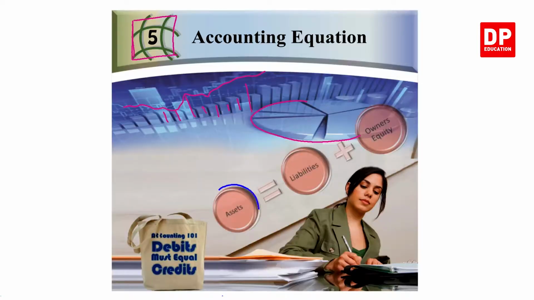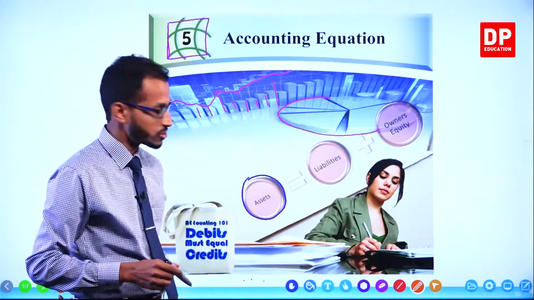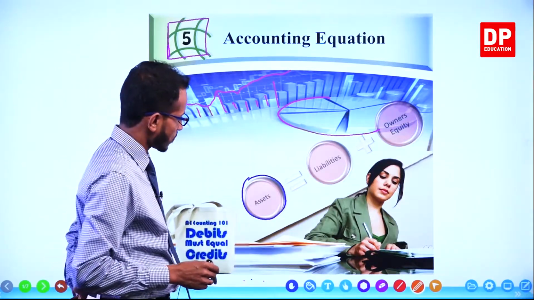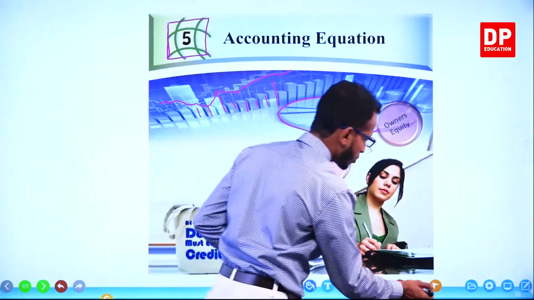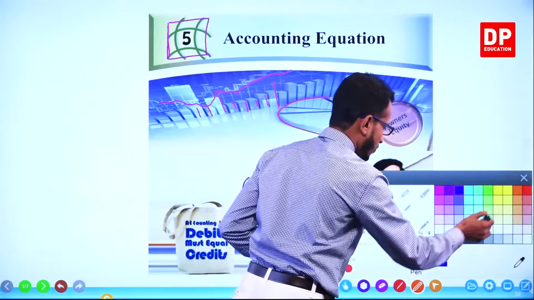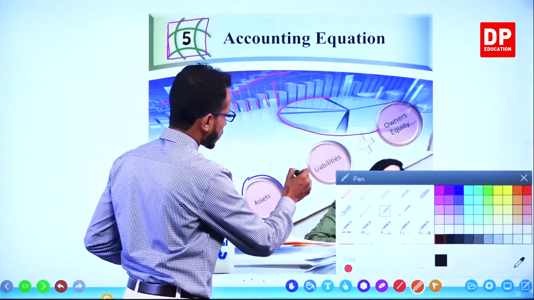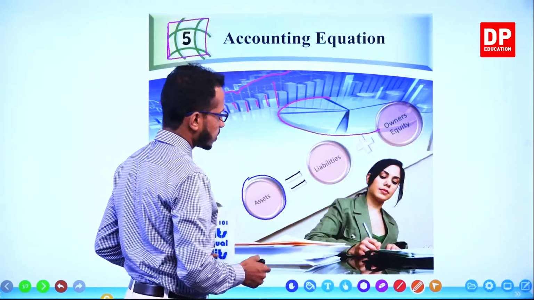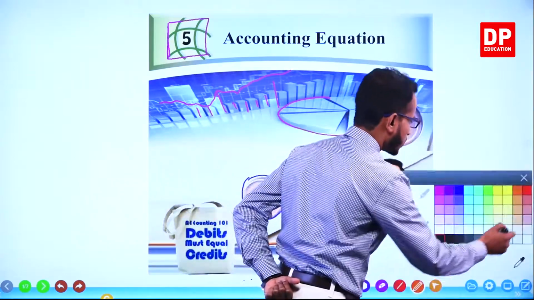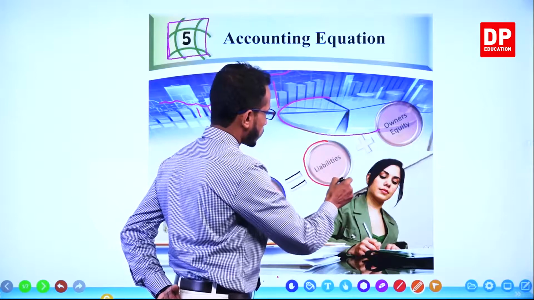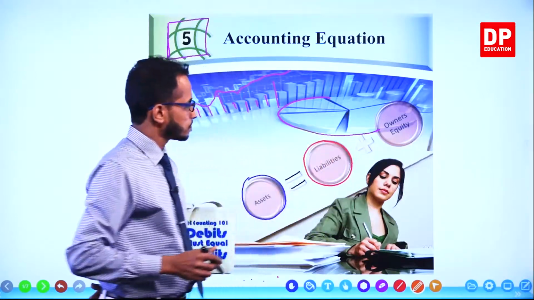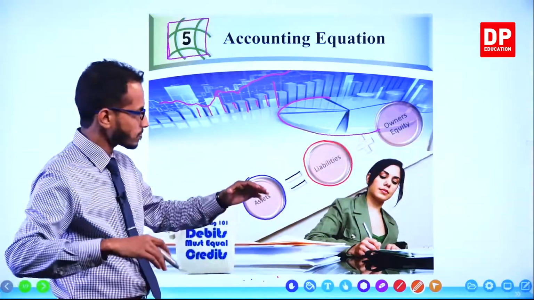We have assets. Assets are shown in a circle. Now we know what assets are, right? Assets are shown in a circle, and then we have an equal mark right here, and liabilities on the other side, inside of this circle. What's happening?